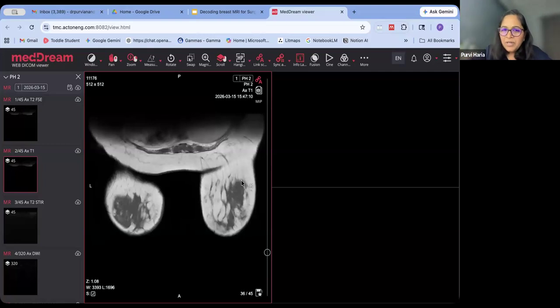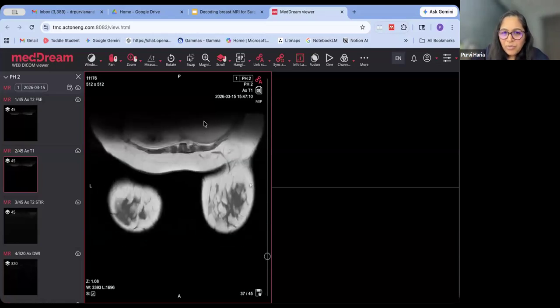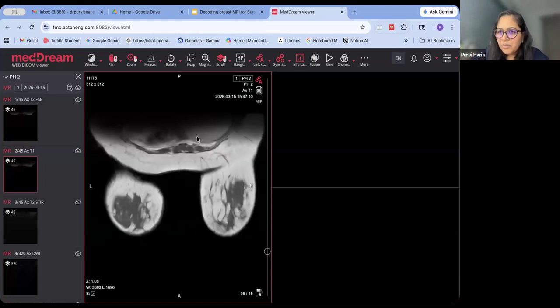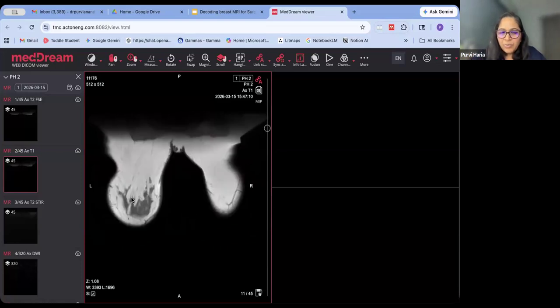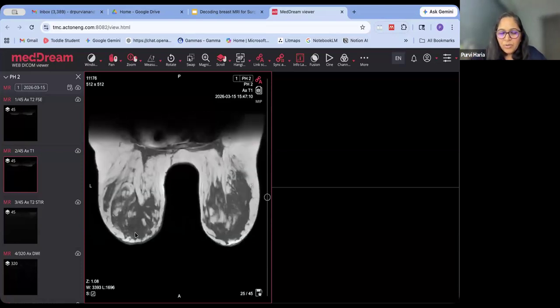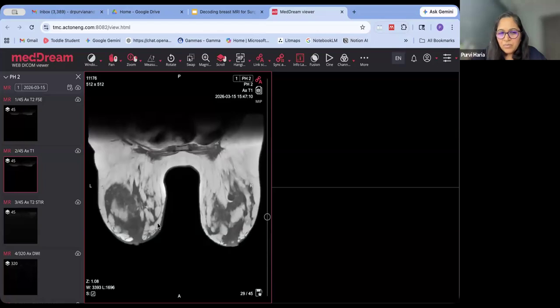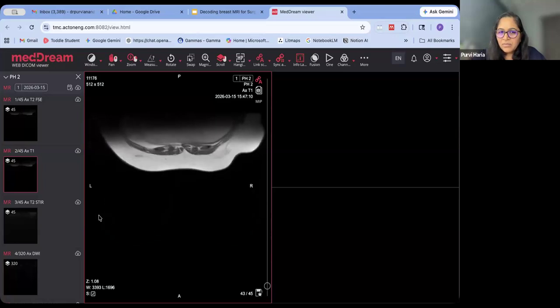But if you are not able to make out, it is because in the breast, anatomy-wise, there is no structure which tells you the top and bottom. You can see some part of the abdomen or the chest wall, so you can decide this is probably up, and then everything as I go down, it's going to be 12 o'clock here, and then you reach the nipple. This will be 3 o'clock and 9 o'clock, and then you go down and it will be 6 o'clock.